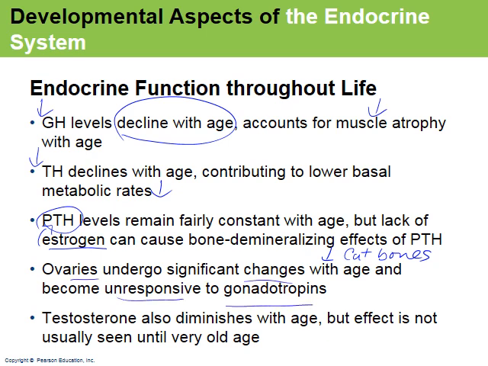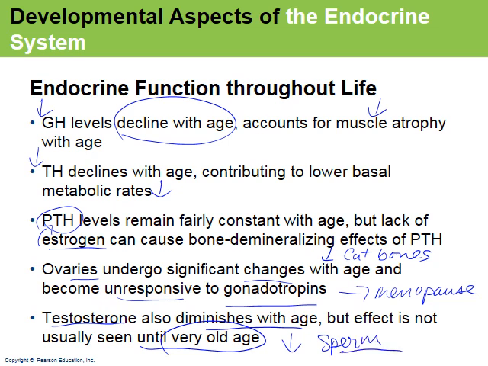They become unresponsive to gonadotropins. Eventually, females go through menopause, right? We'll talk about that with the reproductive chapter. Testosterone also declines with age, but it doesn't really affect until very old age. So men will be producing sperm much longer than women will be producing eggs.